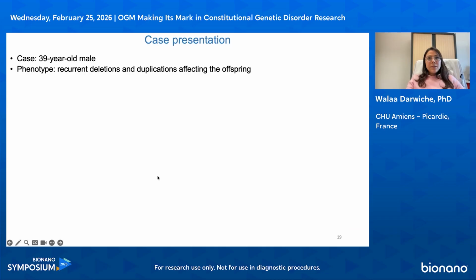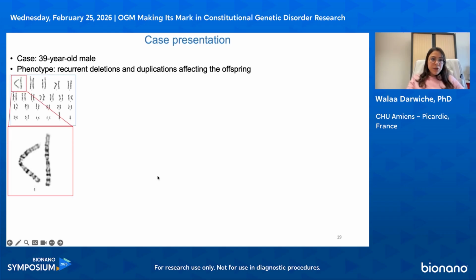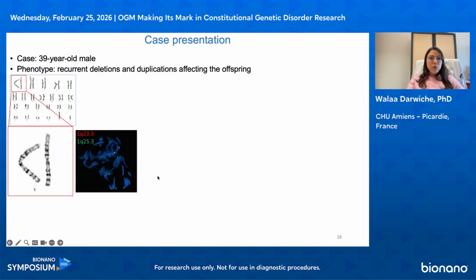The second case is a 39-year-old male with recurrent deletions and duplications observed in his offspring. Several years ago, we identified a paracentric inversion in chromosome 1 between Q23.3 and Q25.3 detected by karyotype and FISH.